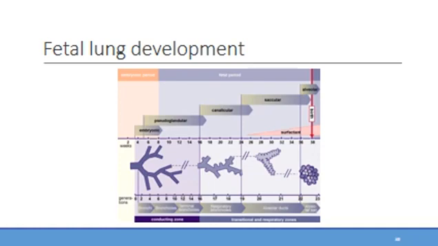And then at around 24 weeks, the saccular stage, alveolar ducts are formed, and this is usually when the baby becomes viable and where surfactant production starts. This then transitions to the alveolar period at around 36 to 38 weeks gestational age, where the alveolar sacs are formed and gaseous exchange is much improved.